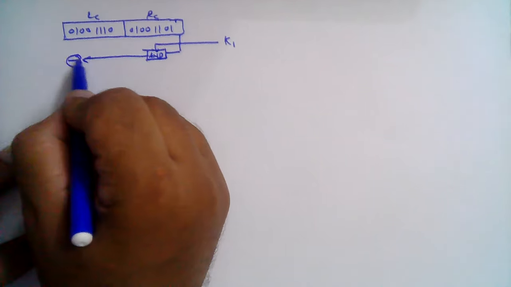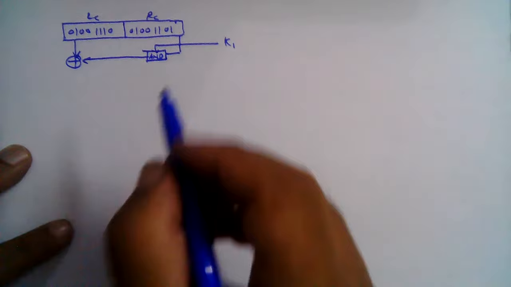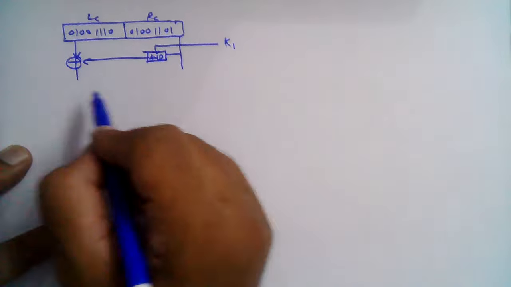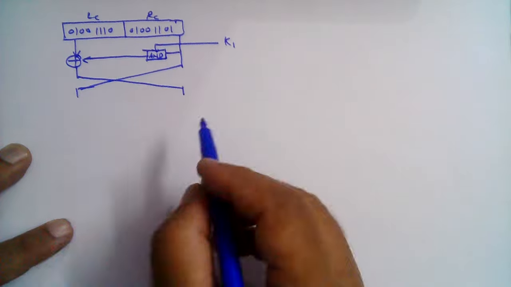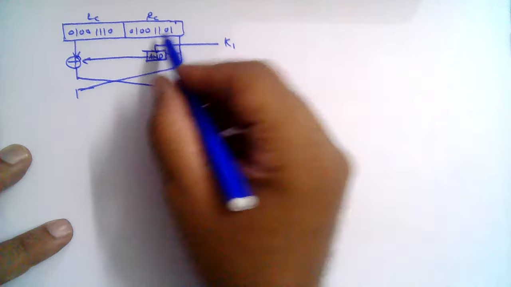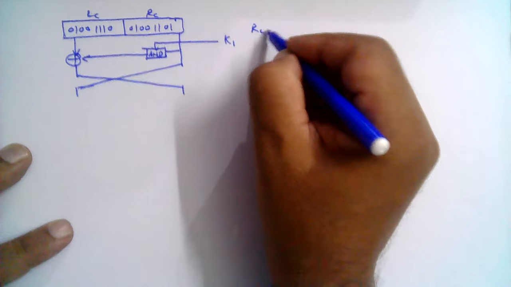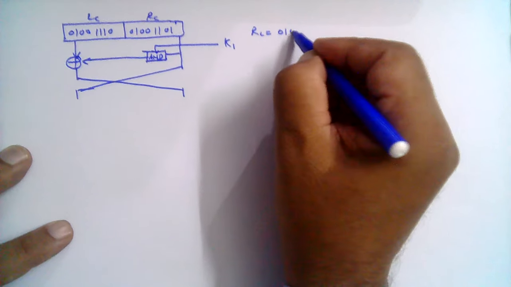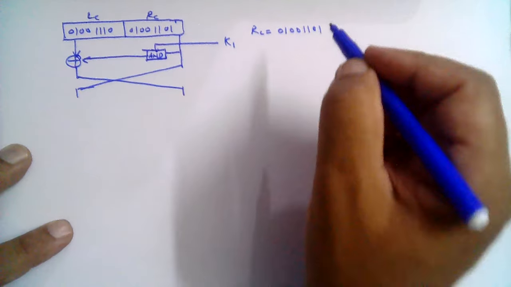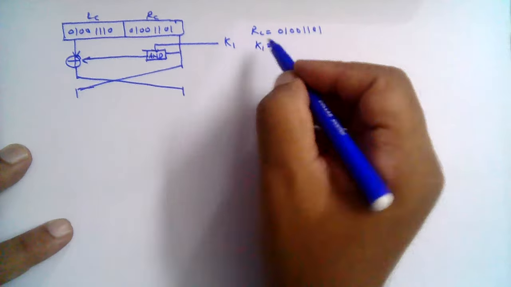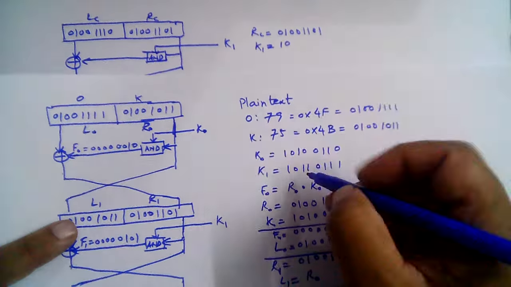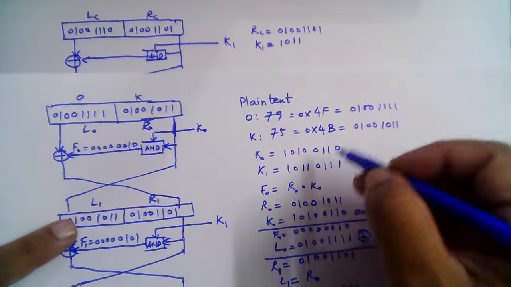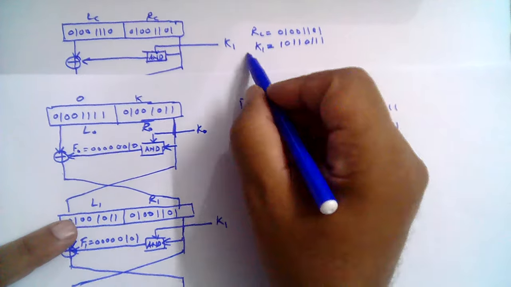So the output is XORed with the left half of the ciphertext. And then we swap both these parts and run the process again. So let's see. First, RC is 01001101, and the key K1 that we used was 10101 and 0111.